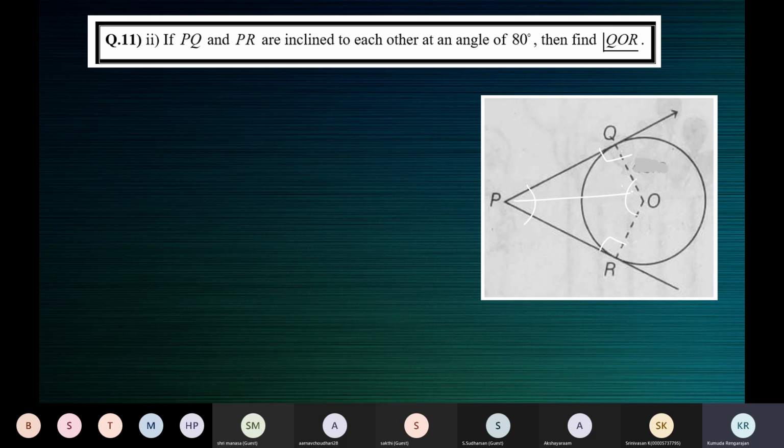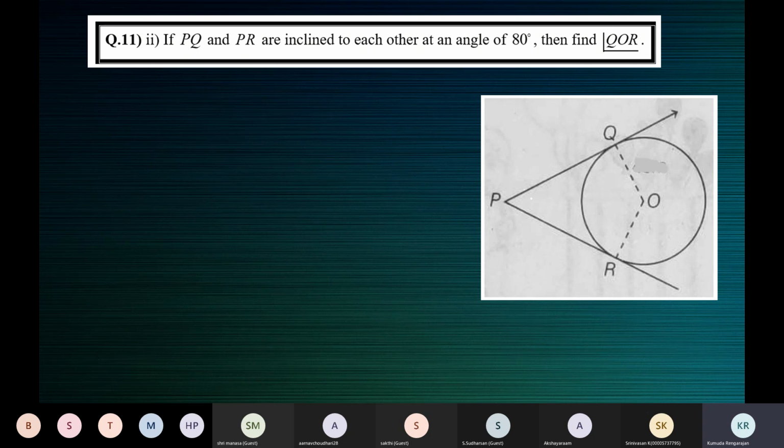So the sum of these two angles will always be 180. This is how we prove it's a cyclic quadrilateral. We need to say that this is 90, this is 90, the sum of one pair of opposite angles is 180 degrees, and so it's a cyclic quadrilateral.